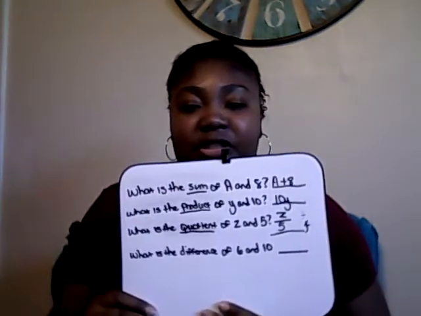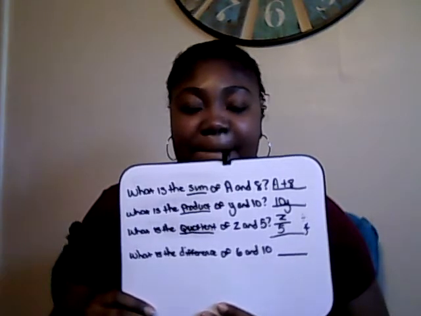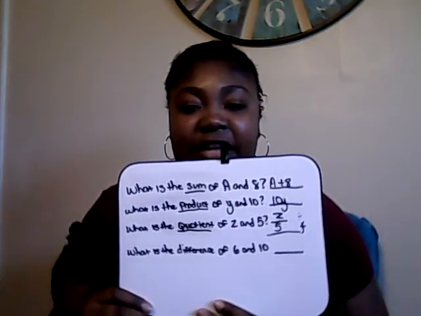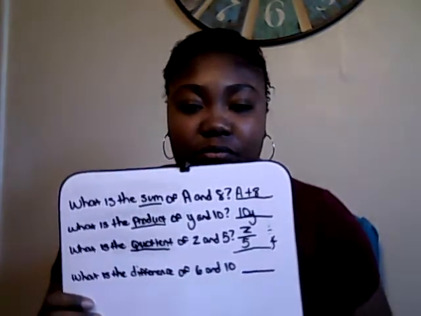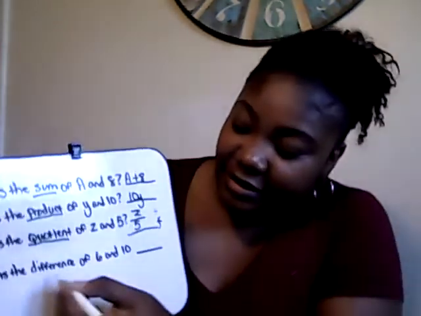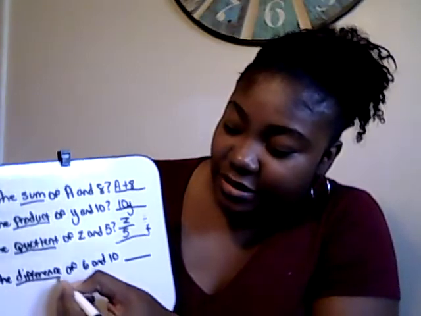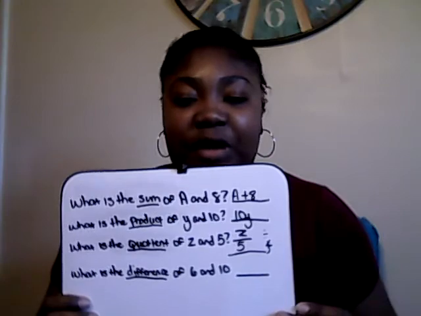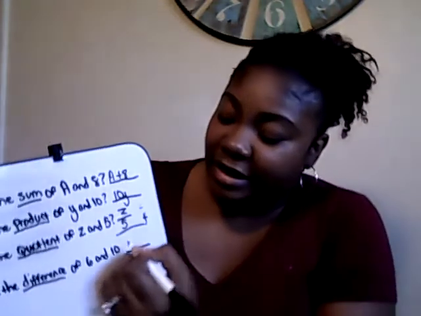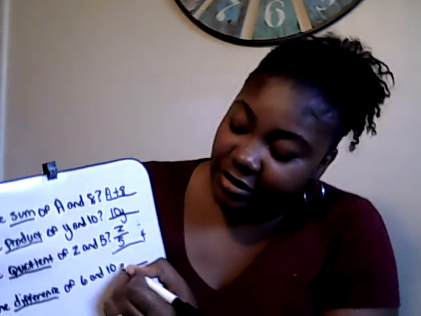What is the difference of 6 and 10? I'll give you a second to find the keyword in this one. All right, the keyword in this one is difference. And difference represents what? Subtraction. All right, and I will write that out as 10 minus 6.